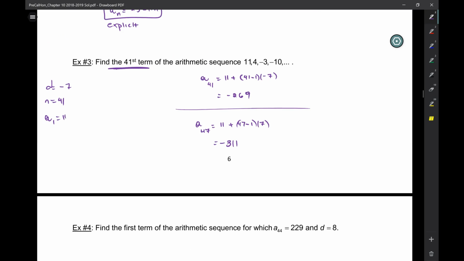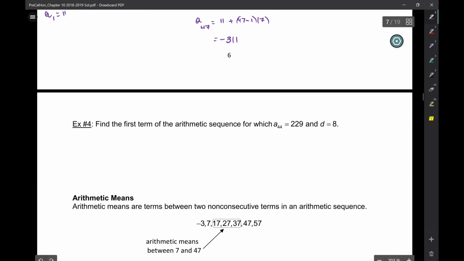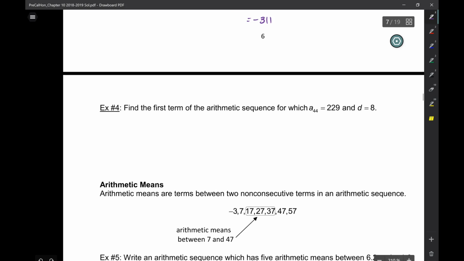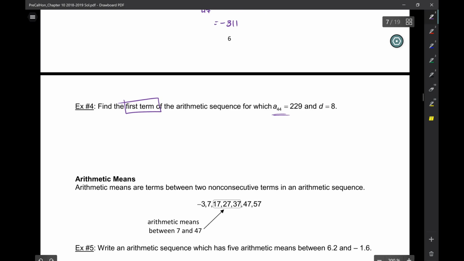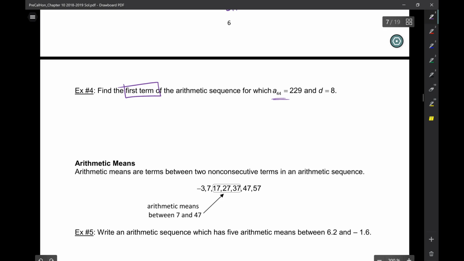Okay. All right. So take a look at this one. You have a sequence, and you want to find the first term of the sequence. A44 is 229, and D is 8. It's the same exact formula. So it's always this one. AN is A1 plus N minus 1 times D. So AN is how much?